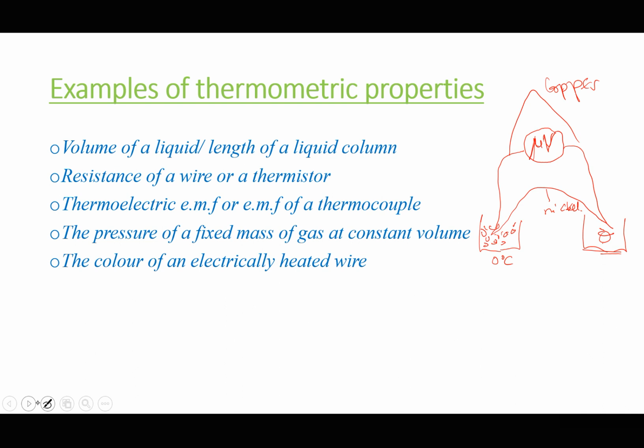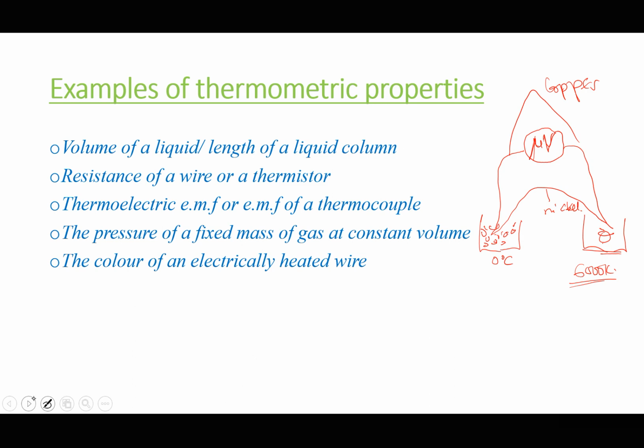So those colors could give us a clue about the temperature. For example, we said our sun appears yellow because its surface temperature is approximately 6,000 Kelvin. So we know that when a material glows yellow, its temperature should be close to 6,000 Kelvin. So the color of an electrically heated wire could be used as a thermometric property.